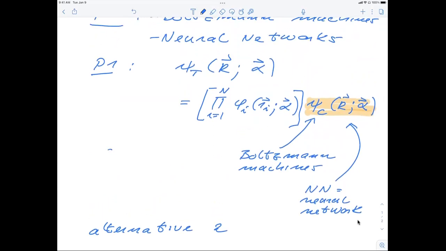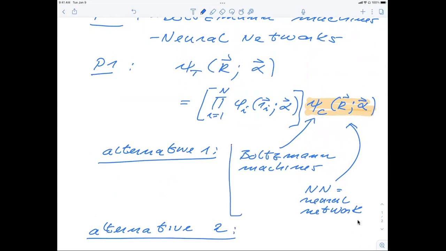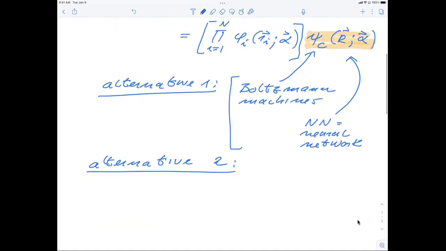So what we are going to do now is to set this up as an alternative 1. And this alternative 1 means that we are going to replace the correlated part of the wave function with a neural network.